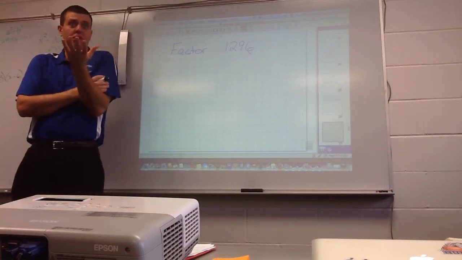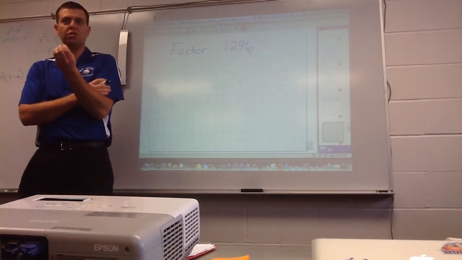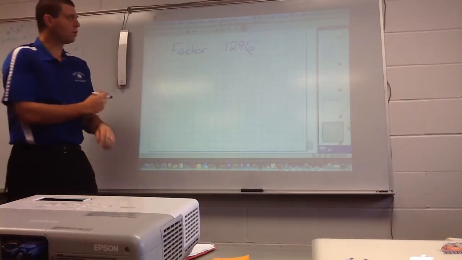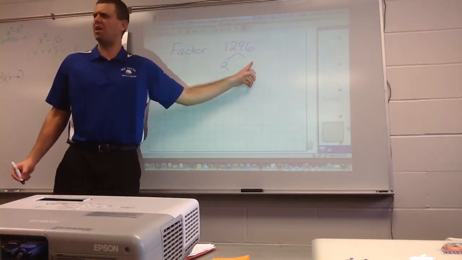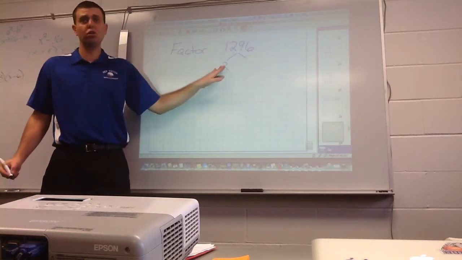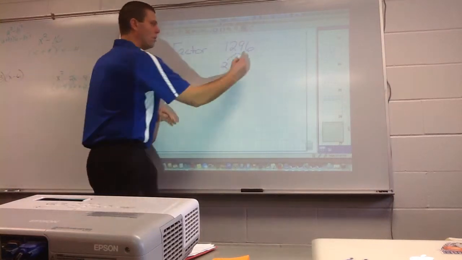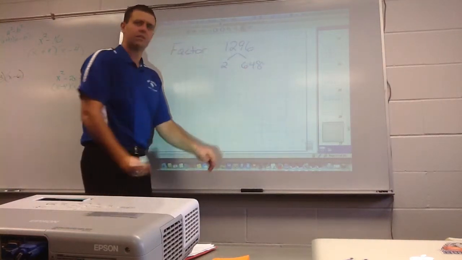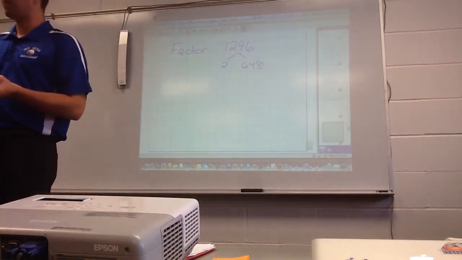You know 2 goes into it, right? So therefore you know that this would be 2, and then how do you figure out that other number? You take this divided by 2. You know 2 is a factor, so 1296 divided by 2 gives you 648, and then you can keep going from there, right?